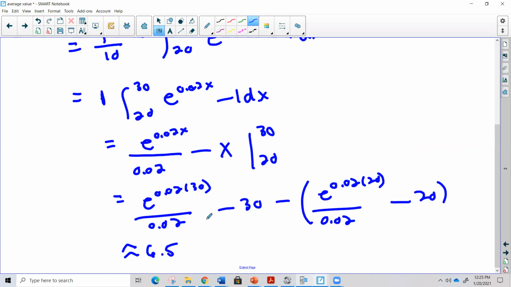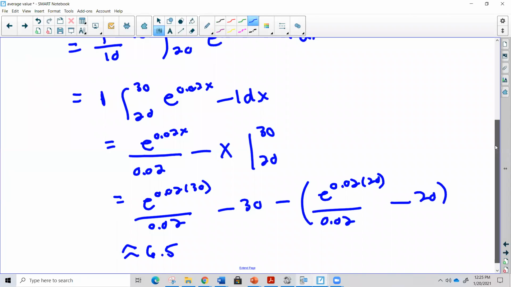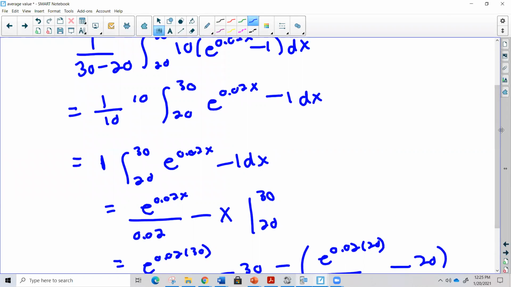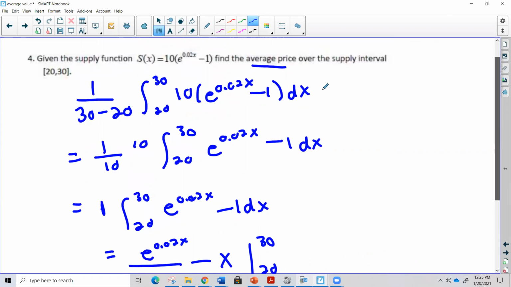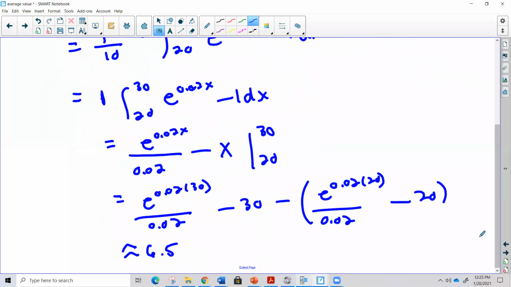So this would give me the average price over that supply interval from 20 to 30. And again, if you aren't sure about this part, you could instead do 1/10 times the integral from 20 to 30 and then distribute the 10. And just calculate this integral and you should get the exact same answer. It won't matter. Okay, so that's a few applications of average value. And if you need any help, just let me know.